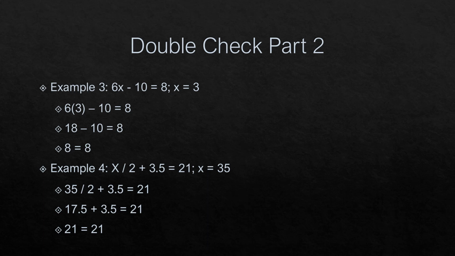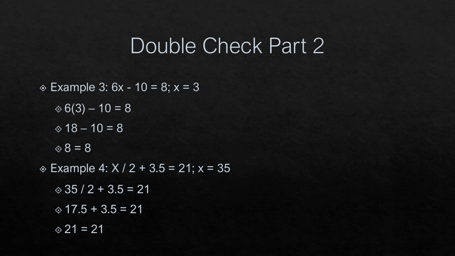I recommend you be careful with this one because it's a little more complicated than the first 3 examples. I plug in 35 for x, divide it by 2, and then add 3.5. When I do 35 divided by 2, I get 17.5, and when I add the 3.5 to the 17.5, I get 21.